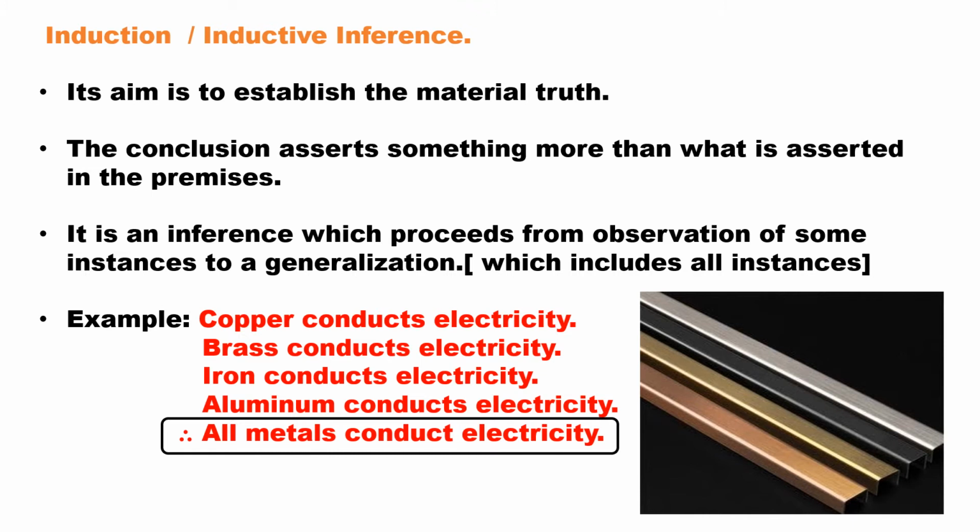This is an inductive inference, where we pass from particular to a general proposition, where we observe a few metals like copper, brass, iron and aluminium that they conduct electricity. Therefore, we conclude that all metals conduct electricity.